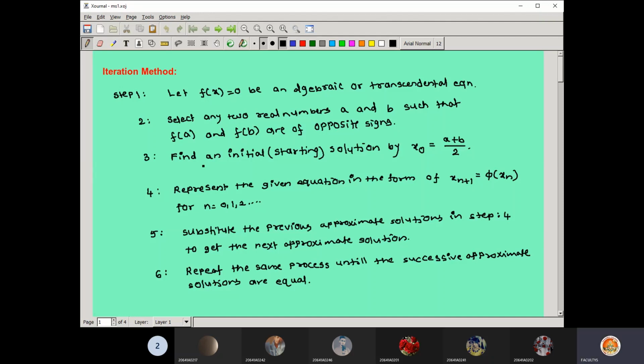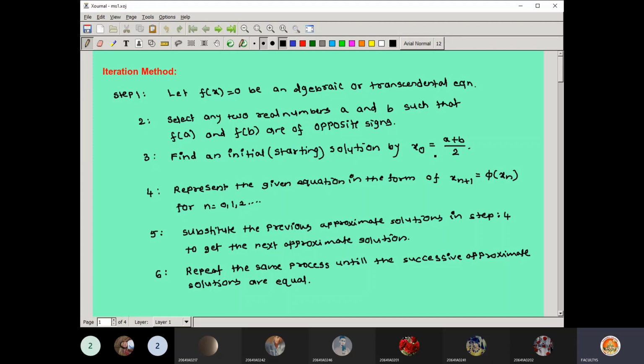Step number 3, third step. From here it changes a little. Find an initial, also called starting, solution by x naught equal to a plus b divided by 2.